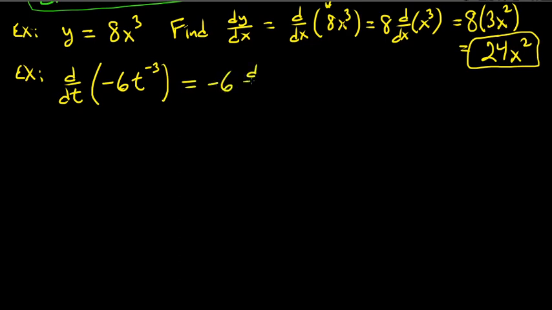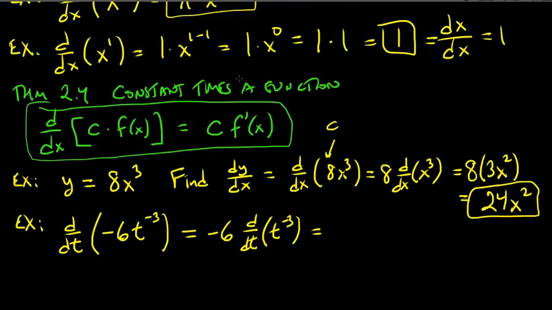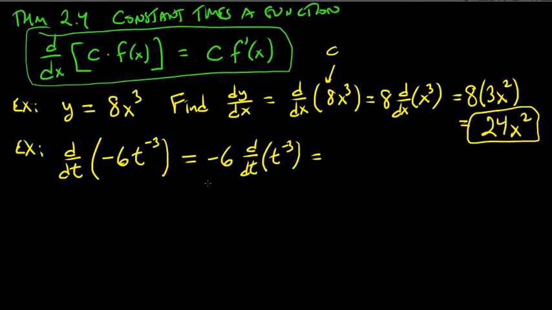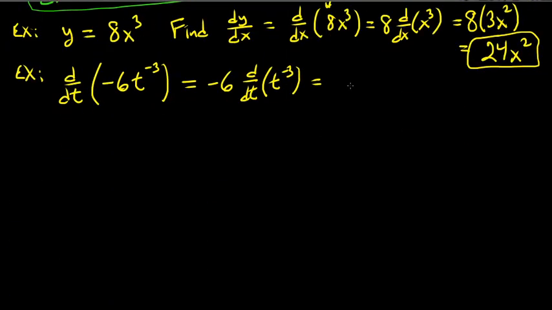That can come outside the derivative and multiply the derivative of t to the negative 3. So, of course, you could write this as 1 over t cubed, but it's more convenient to leave it as t to the negative 3 so that we can use the power rule, right? We did x to the positive 3, so what would x to the negative 3 be?